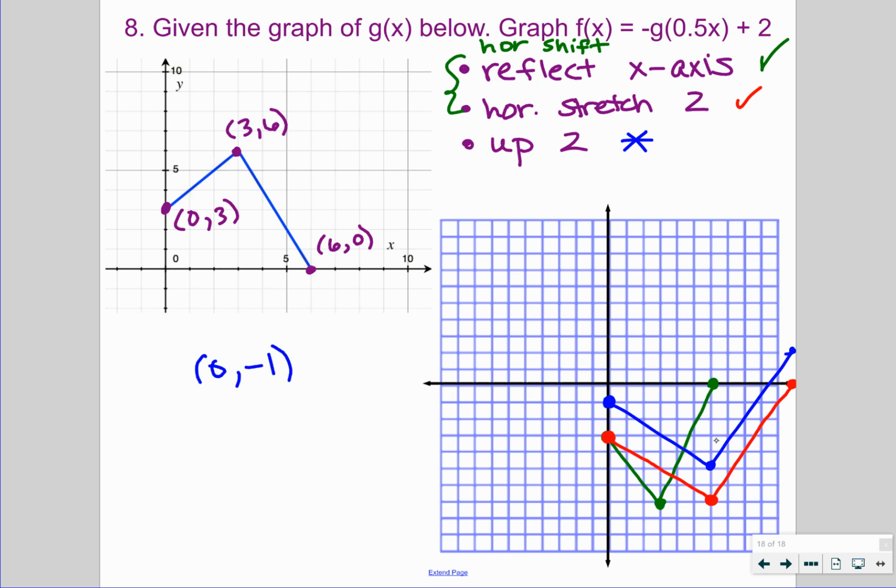What's the next one? (6, -5). And then the last one was at 12, remember? (12, 2). So if I were grading it, that's what I would be looking for. I would be looking for, number one, that you're naming your transformations. Think of that as like the work you're showing for this problem. And then those final 3 points are how you're getting your credit on that.